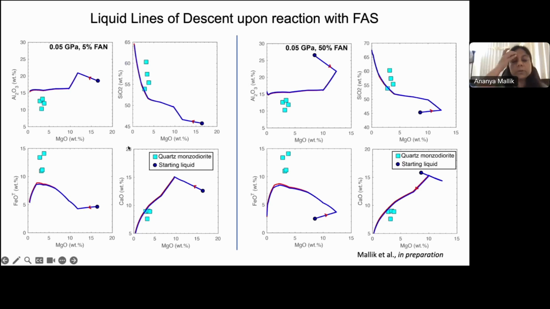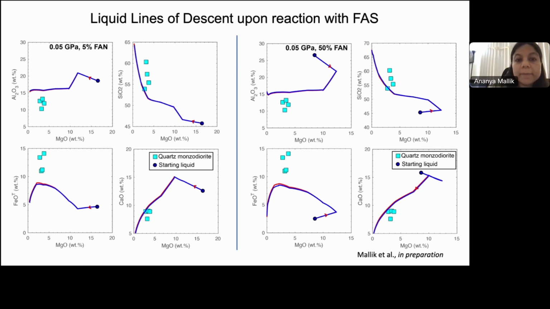And then again, we looked at the effect of assimilation of ferroanorthositic crust. To the left, we have 5% ferroanorthositic crust assimilation, and to the right, we have 50%. If you look at these curves compared to the QMD compositions, what we observe is that there isn't much of a difference between 5 and 50%.